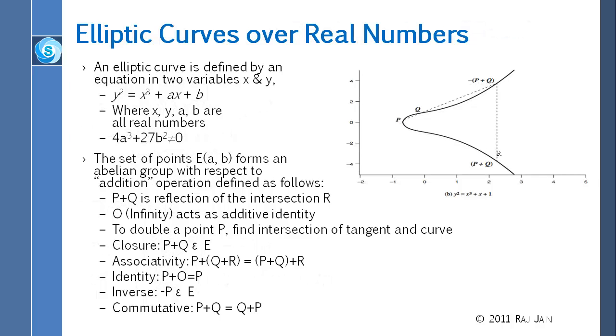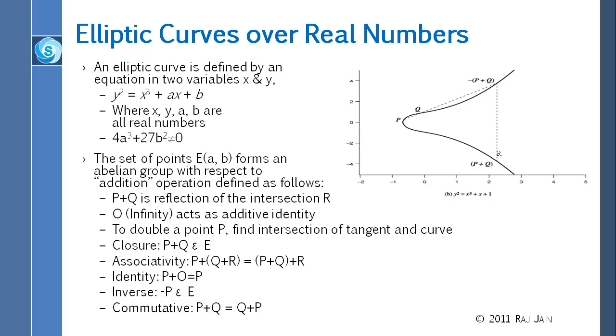The plus of 2 points is simply a line that intersects the curve, and we take a reflection. Now, this plus operation actually acts more like a multiplication in the RSA case. If you add up lots of numbers, that looks like an exponentiation in the RSA case, as we'll see later on.